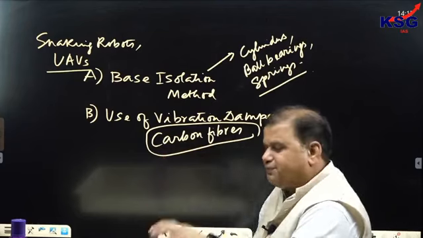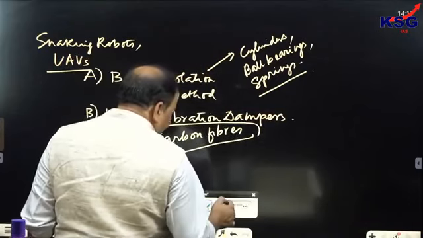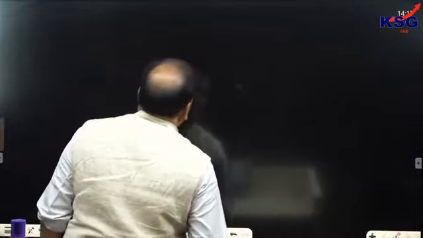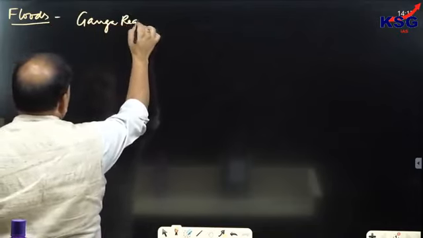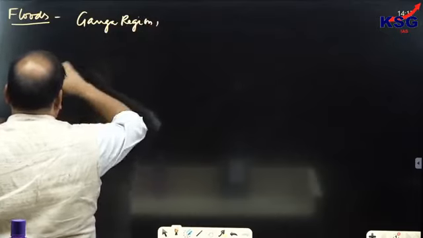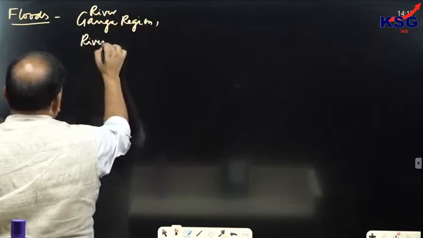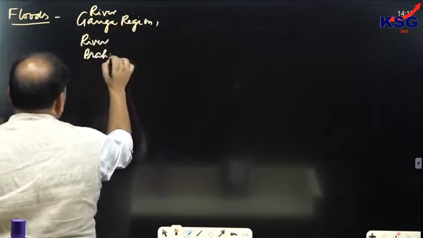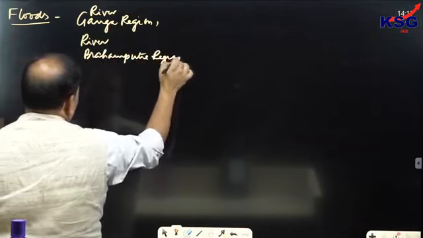Write down: floods. The two main regions affected by floods in India are the river Ganga region and the river Brahmaputra region.